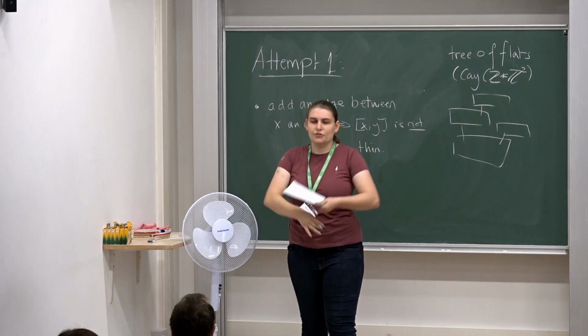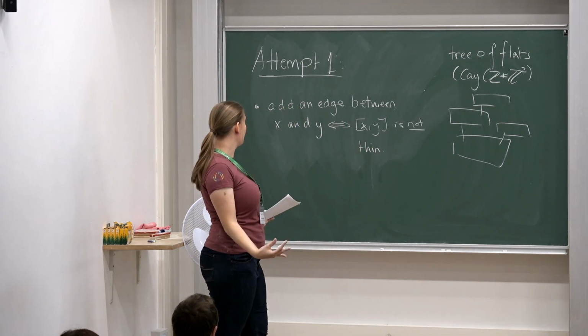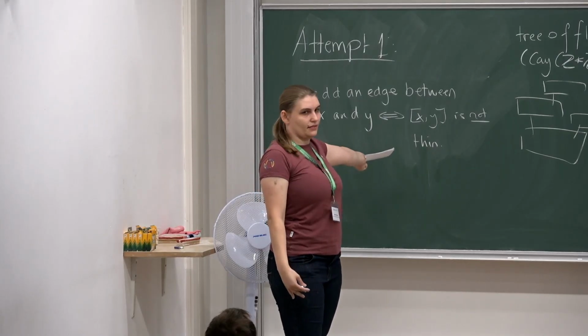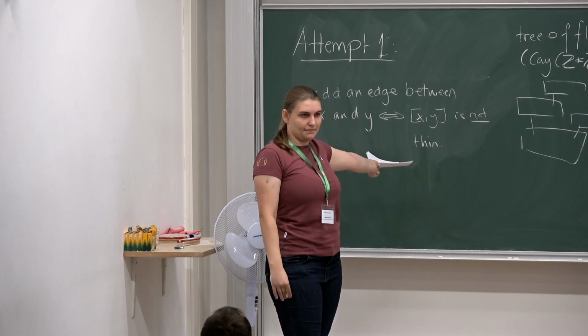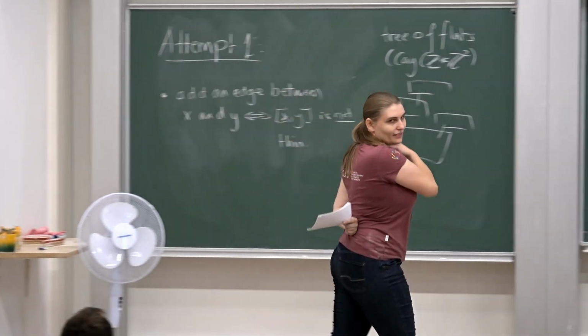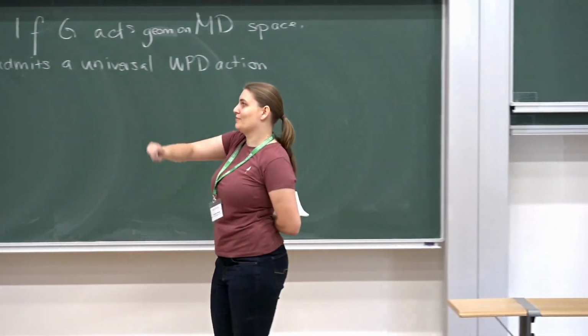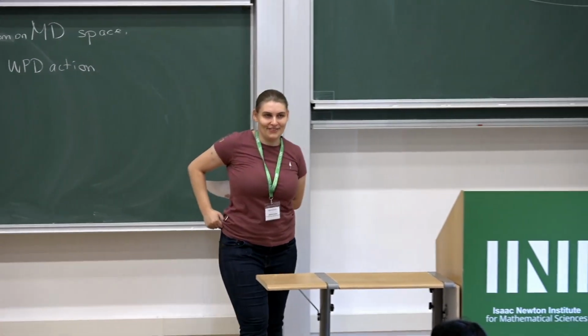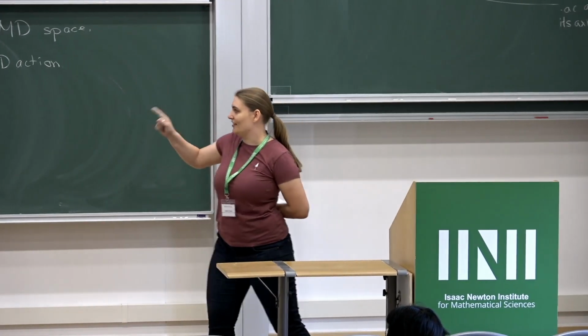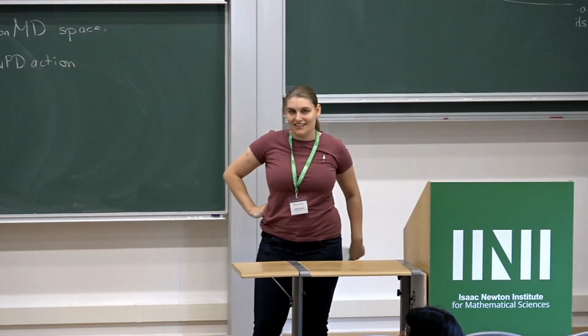As I said, you should think of thinness as capturing hyperbolicity, so you won't want to kill off everything. So now I want you all to stare at this a little bit and try to find out what the problem with this definition is and what it gives us in this case.